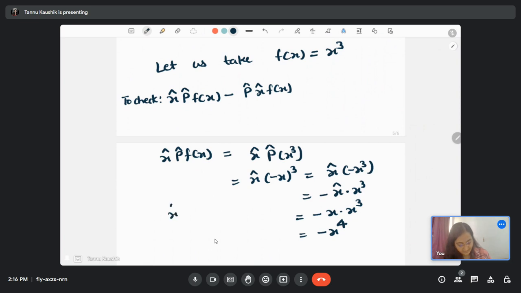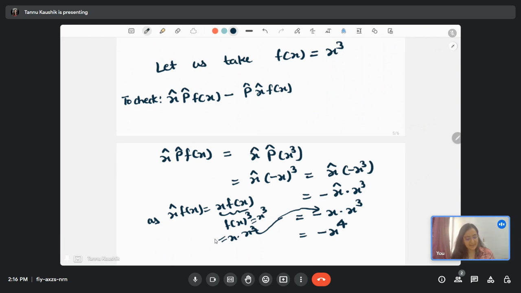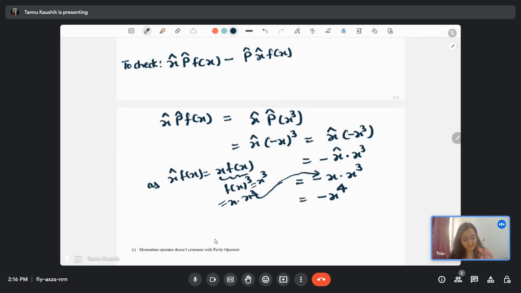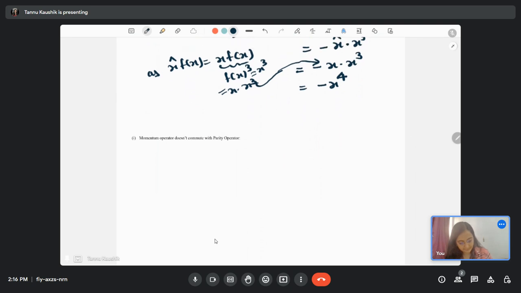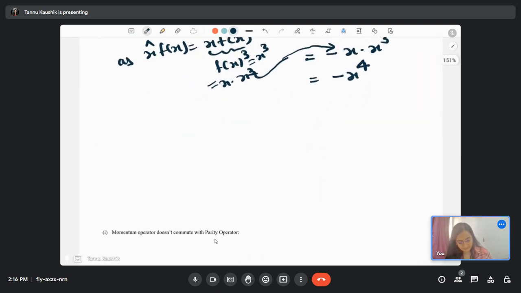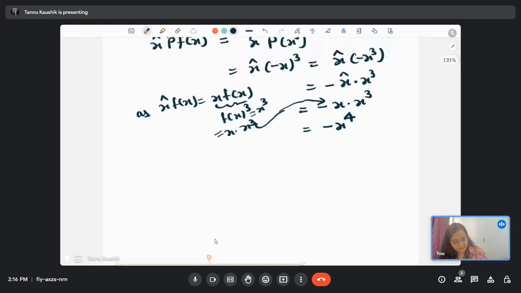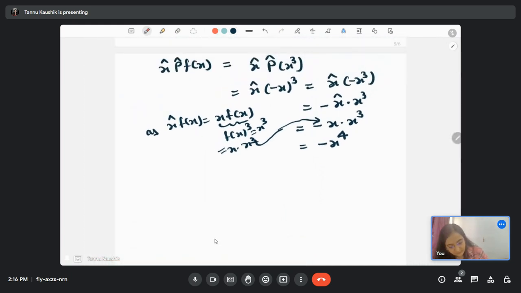We will get minus x into x cube, that is equal to minus x to the fourth, because here f(x) is equal to x cube, so we will get x into x cube, and the minus we got from above when we operated the parity operator.